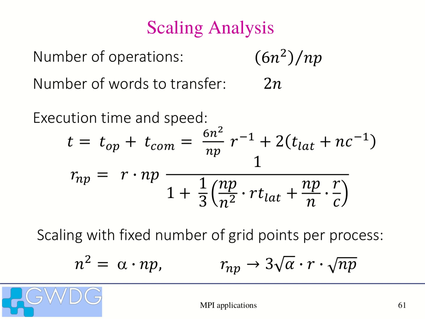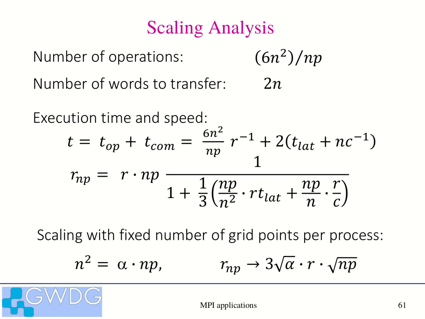The number of operations per process is just n square over NP, so the number of operations per processor would be proportional to alpha. When we keep alpha fixed, so we increase the number of processors proportional to n square, and put this in this equation, then you see NP over n square is constant, but NP over n will be proportional to the square root of NP, because n is only the square root of NP.